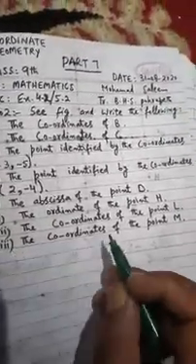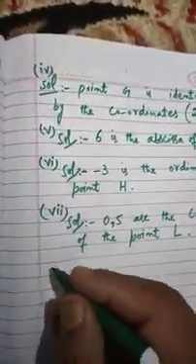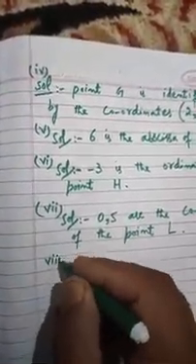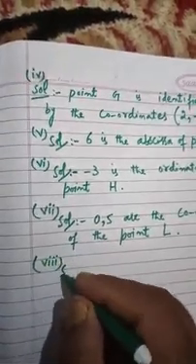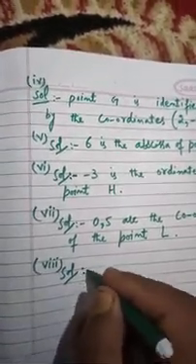Now, eighth part, the coordinates of the point M. Where is M? Search for it. Yes, it is M. We have to write the coordinates. First coordinate is -3, and then moving towards the y-axis, it is -5.